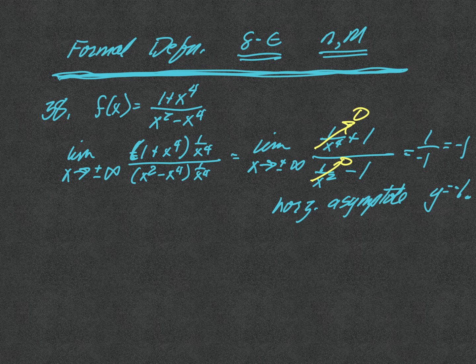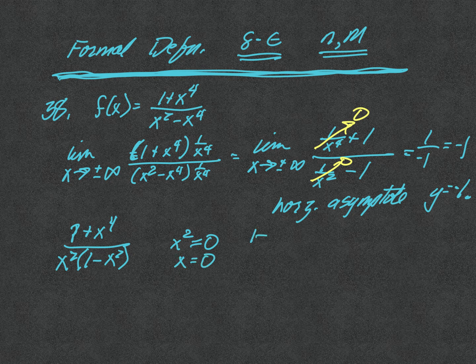So that's what our lesson told us. Now, they also wanted us to find the vertical asymptotes. So I'm going to do 1 plus x to the fourth over x squared times 1 minus x squared. And that tells me if x squared equals 0, then x equals 0.